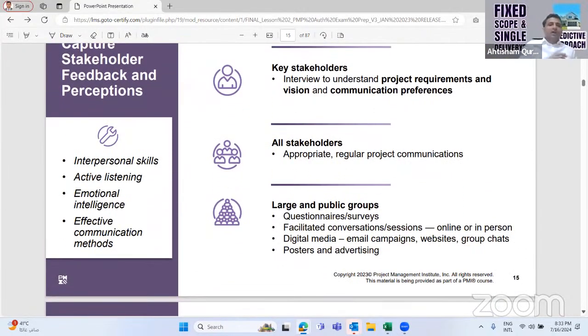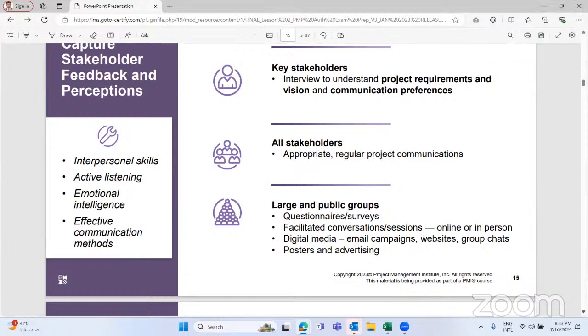Okay. So now I need to understand what my stakeholder perceptions are. What can I do? I can interview people. Often we take feedback from the stakeholders: what do you think about the products that we are making or the demos that we are giving? Because we will be delivering something every now and then, right? In Agile, we deliver quite often, right?